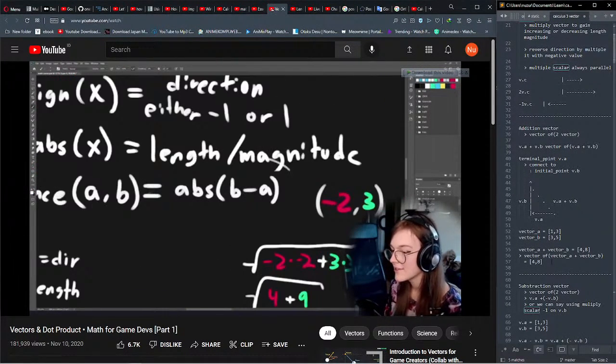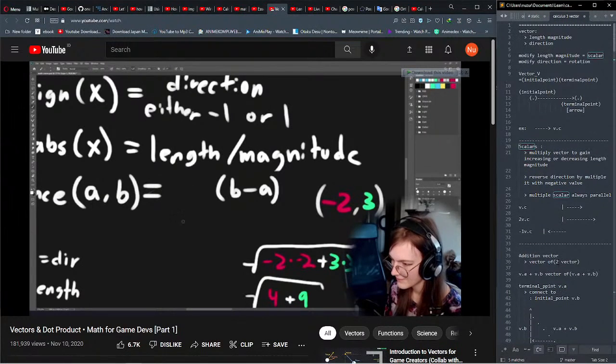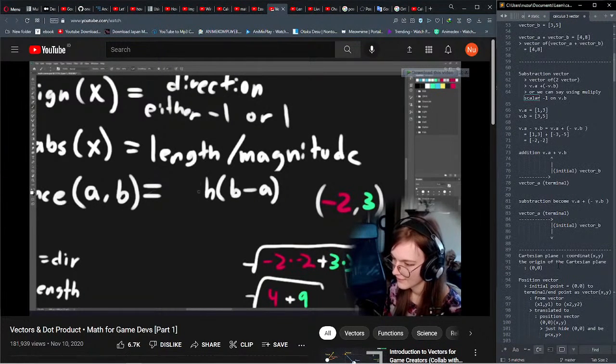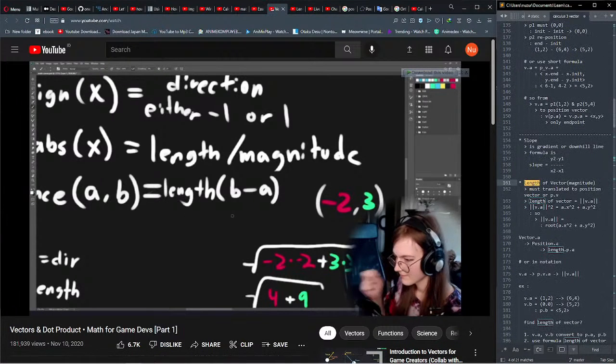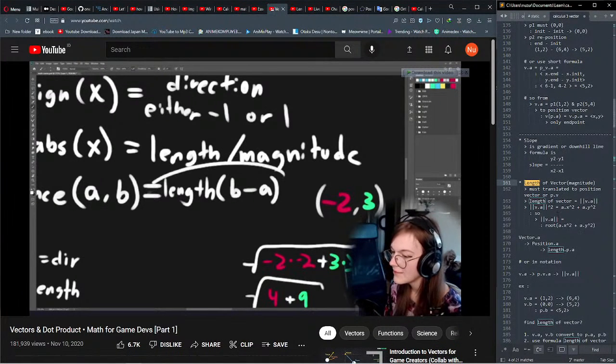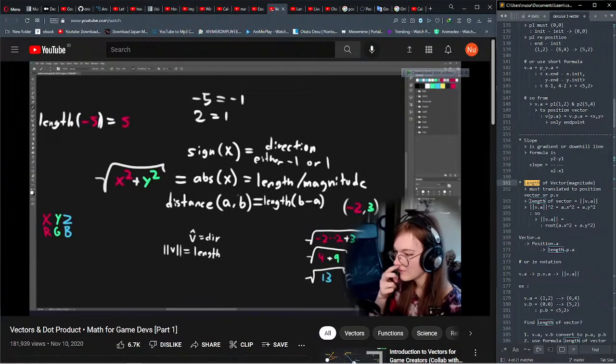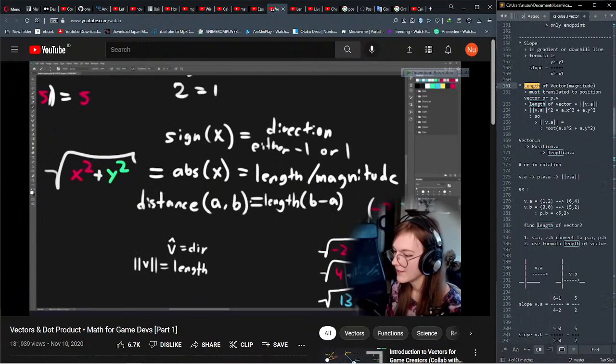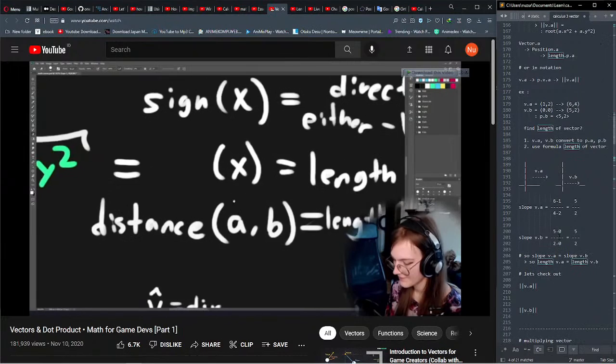So we can basically just replace this by calling it length instead, right? So now we can get the length of this one, and the way to get the length is this one right here, right? There we go.